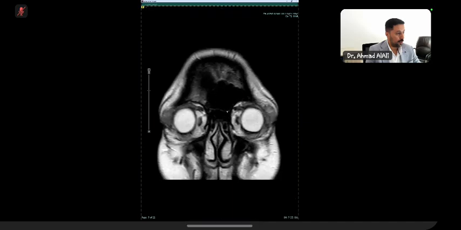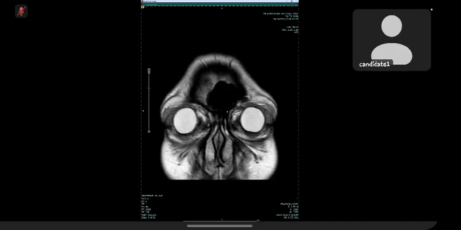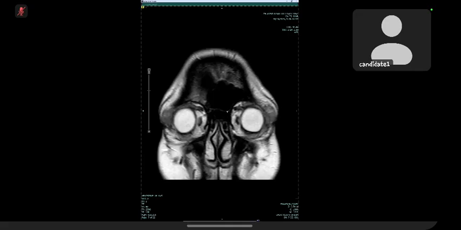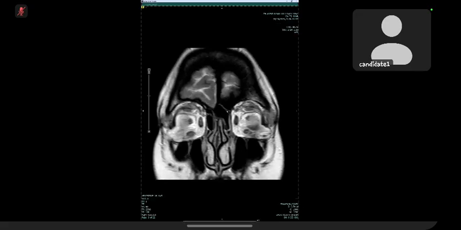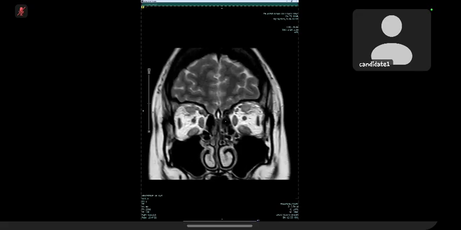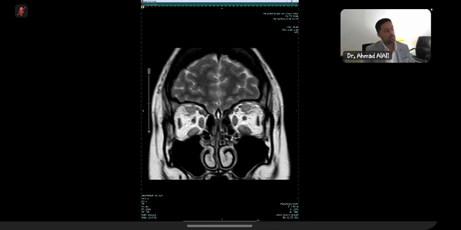Can you see them here? Yes, I can see that. There is enlargement of the lacrimal gland. Right. What about this slice or section of the images? Can you spot any pathology in here, any findings that attract your eye?